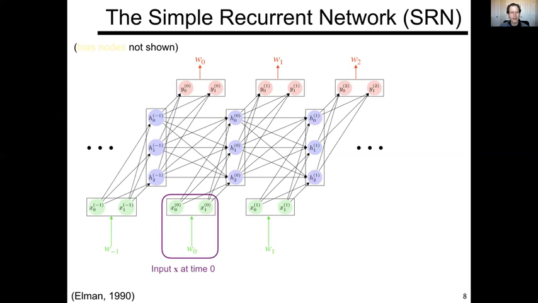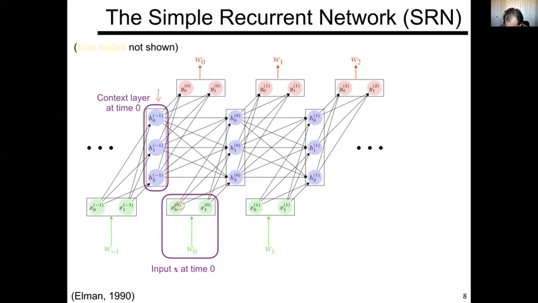Next, we have the context layer. So at a particular time, this representation, which is sometimes called the hidden layer, and we're going to call it the hidden layer as well, the hidden layer of the previous time step is going to be used as the context for the processing at the current time step. Notice that these nodes are indexed with their time step here.